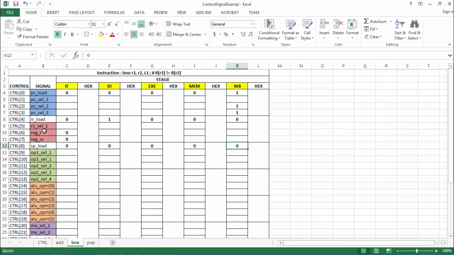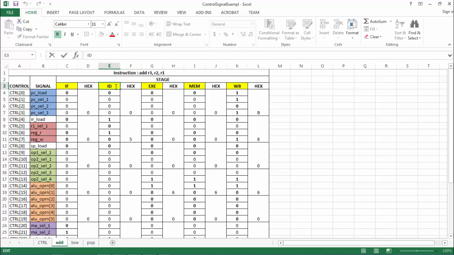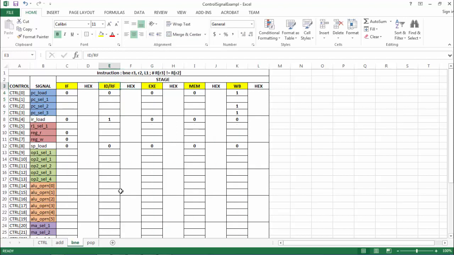And how about the register read write? We are reading from the register, that ID and register fetch. Let's also encode the register fetch just to make sure we have no confusion. So at this phase we do both instruction decode and register fetch, right? So we must have a 1 and 0 here, 1 and 0, meaning that we are reading from the register.